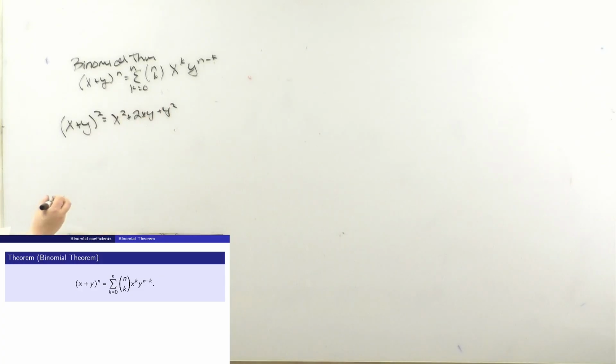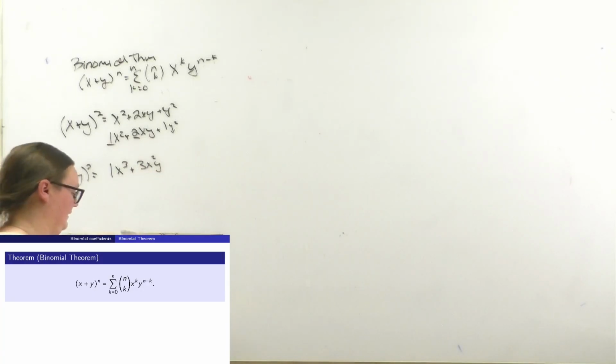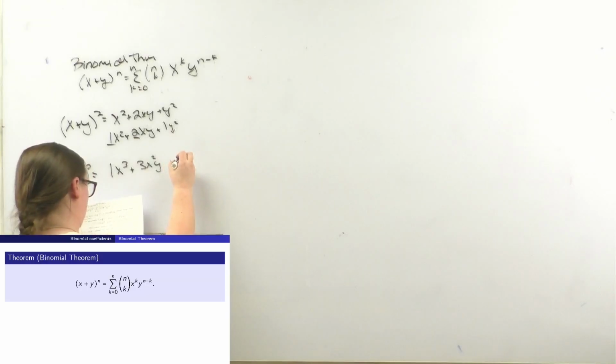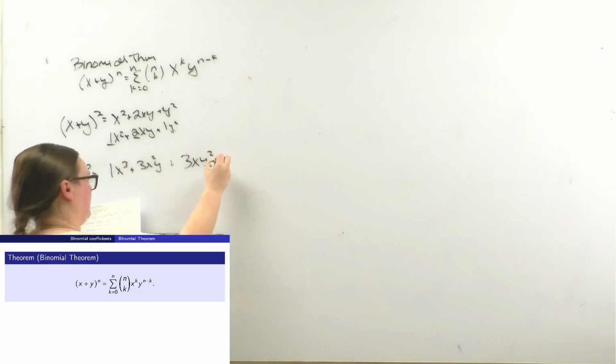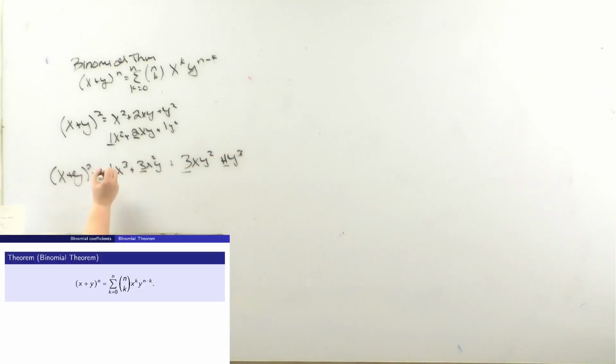If we look a little closer, this is 1x squared plus 2xy plus 1y squared. And if I were to do x plus y cubed, I would get 1x cubed plus 3x squared y plus 3xy squared plus 1y cubed. So this is a 1, a 3, a 3, and a 1, and a 1, a 2, and a 1.